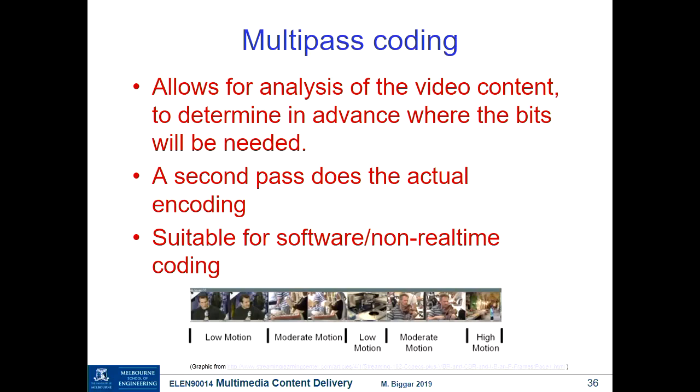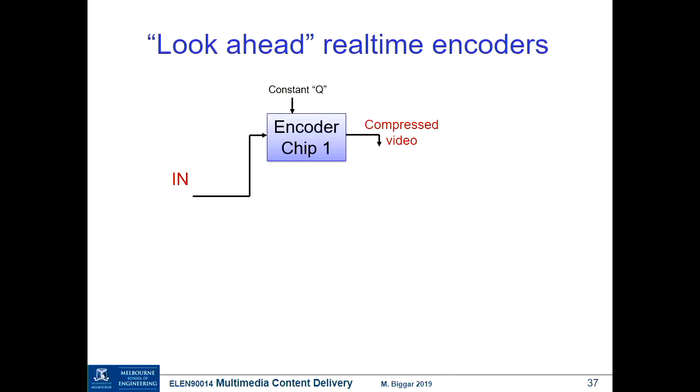Okay. Now, it would be nice to be able to do this live, but there's the obvious problem. We haven't got the whole program available to us to make these decisions about where to save bits and where we can use bits. But we can go part of the way there using a look-ahead technique.